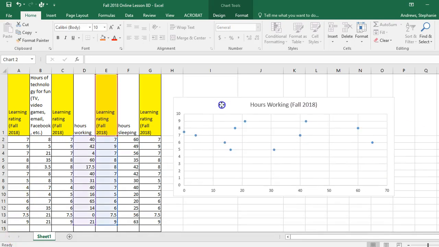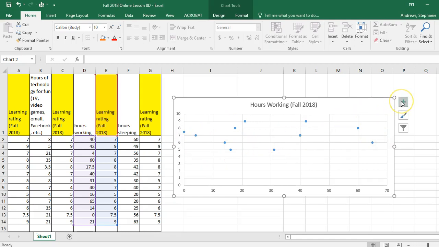So now I've grabbed another two set of columns. I've grabbed column D and column E, and that's going to compare hours working to the learning rate that you submitted. And this thing just pretty much looks like a mess. It is all over the place. If it was a line, maybe it's going down to the right a little bit, but there is no organization.